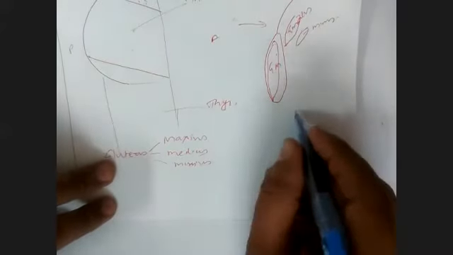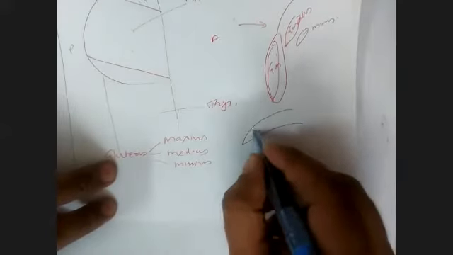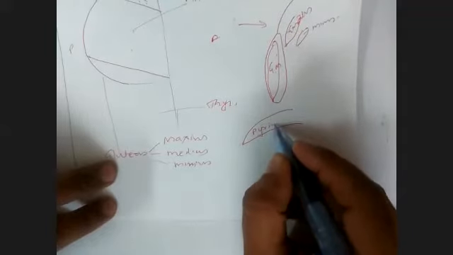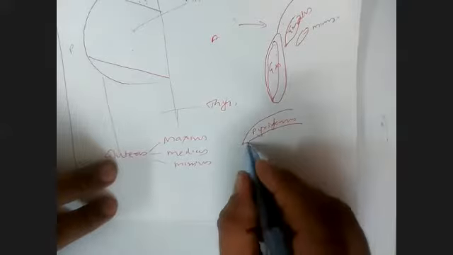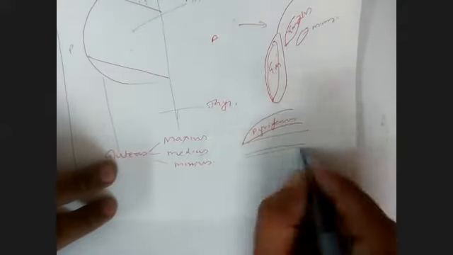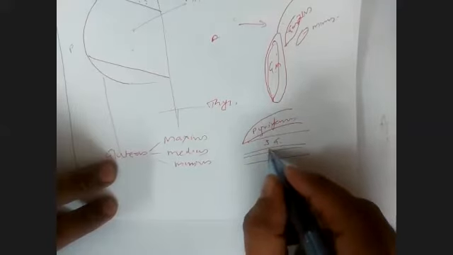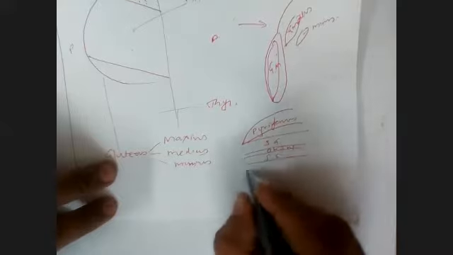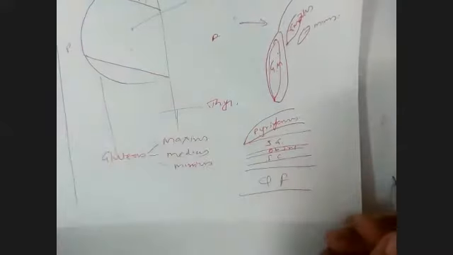Then in this region, after removal of gluteus maximus, we see the piriformis. Below the piriformis we see the tricipital tendon. What is this tricipital tendon? Superior gemellus, obturator internus, and inferior gemellus. And below that is quadratus femoris.